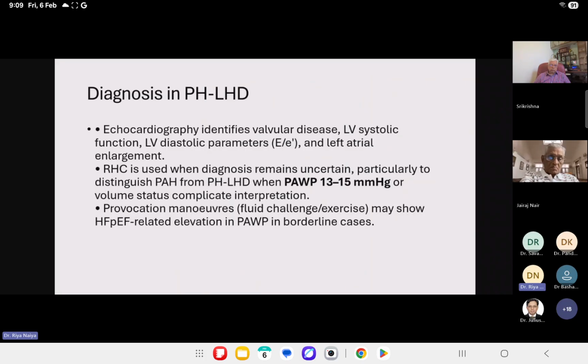In case there is an ambiguity, we can do something known as provocation maneuvers, where we give a fluid challenge or exercise, which may show heart failure with preserved ejection fraction related elevation in PAWP in borderline cases.